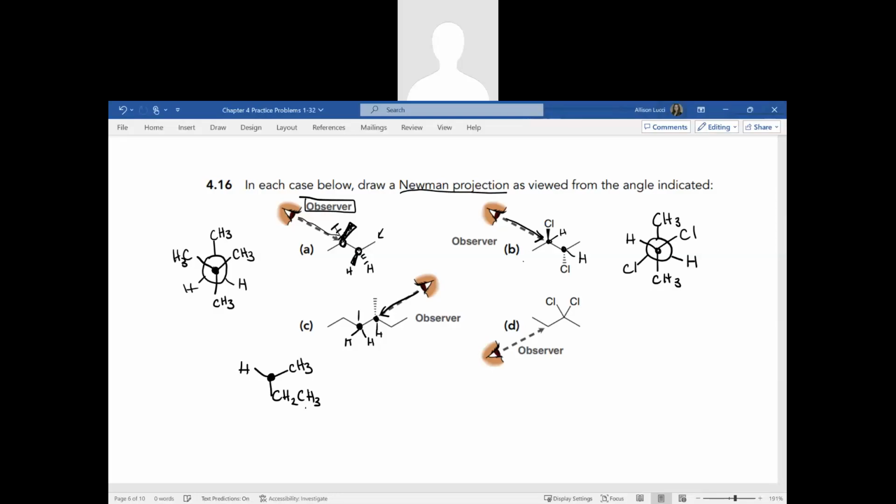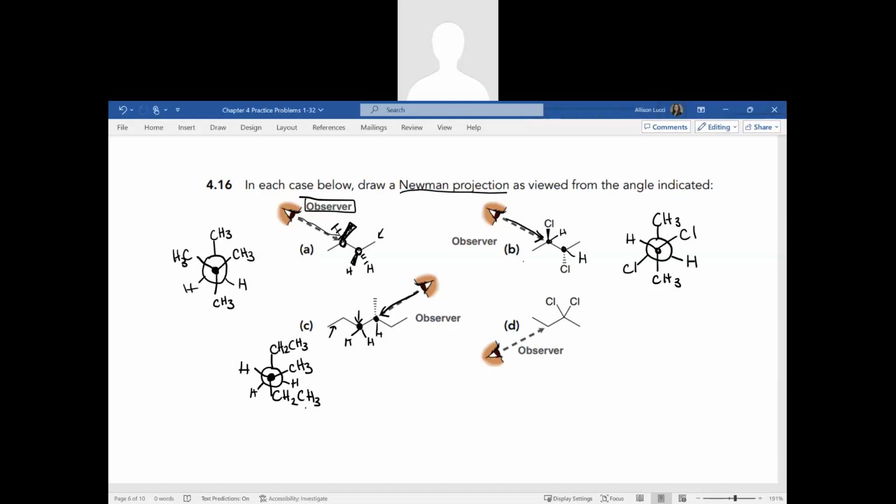And then our second carbon here that we see, we're going to draw on our circle. And now we have an ethyl group pointing up. That's this right here. We have our hydrogens. Both of them would be placed down here. So this is the Newman projection for C.